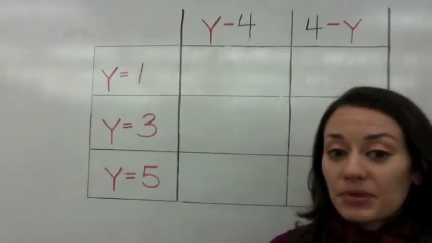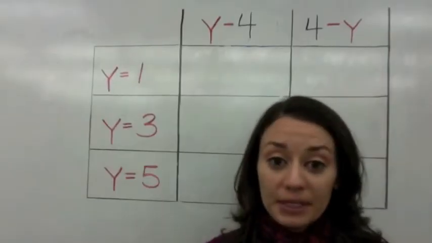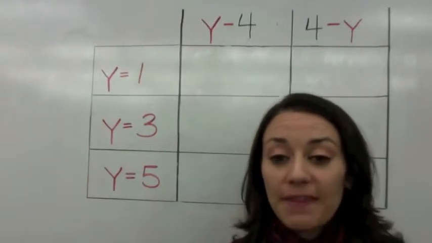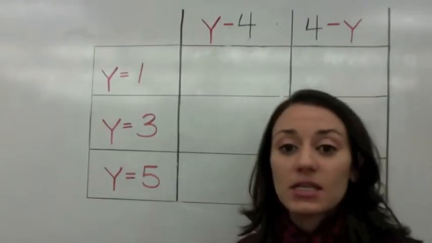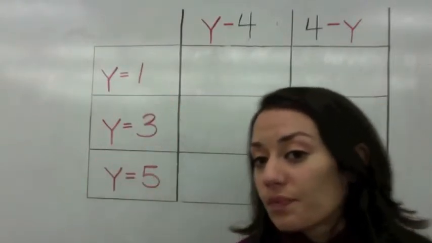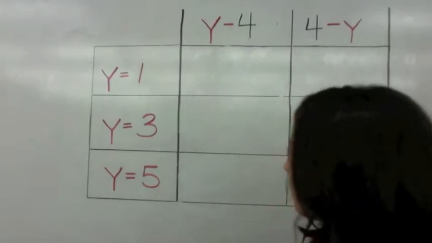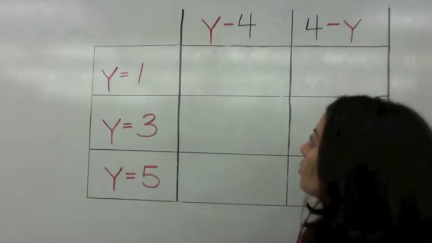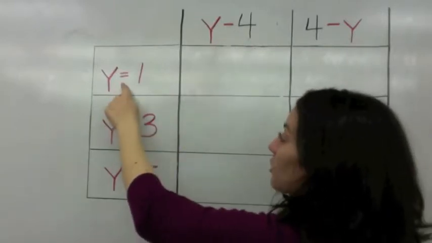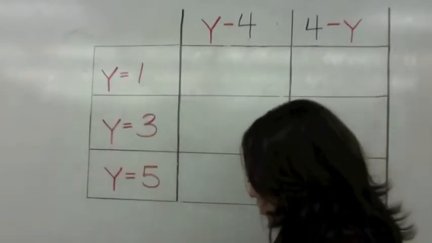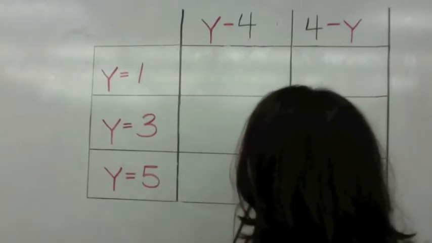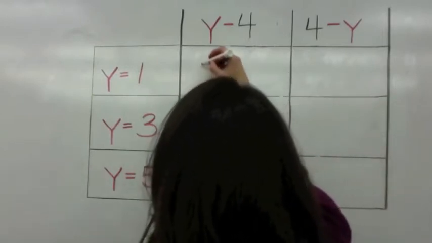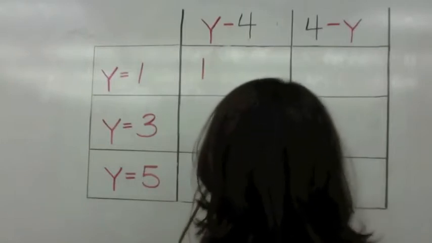In today's examples, I've chosen a different variable to represent the number, and the variable I've chosen is y. So we're going to take a look at some expressions. The first expression is y minus 4. First, we're going to substitute 1 because y equals 1. So we take 1 and then subtract 4.